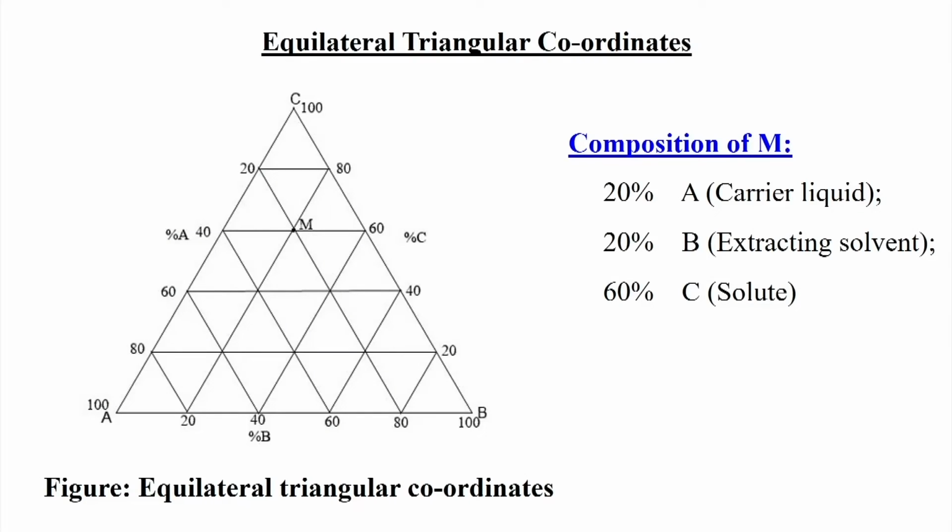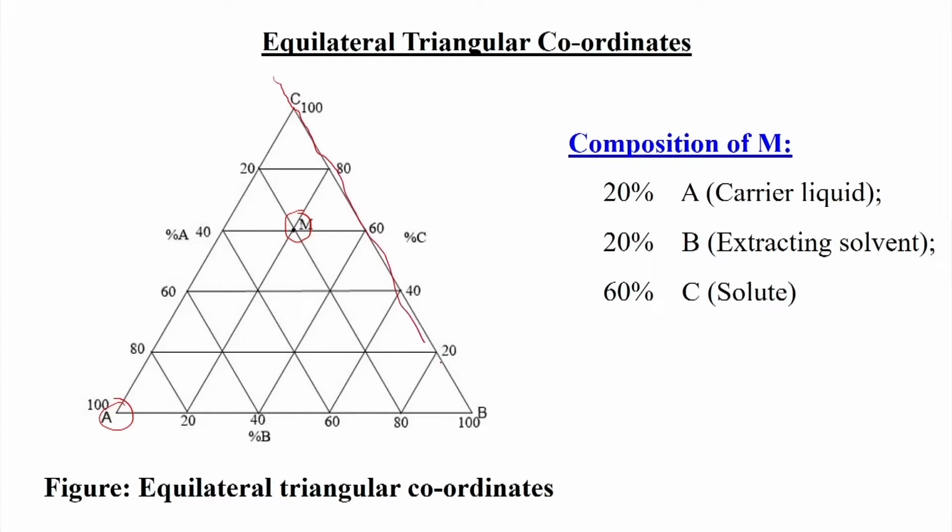Before that, we need to understand the equilateral triangular coordinates, and we need to understand this very precisely, otherwise we will not be able to solve any extraction problem. Let us take a mixture M here. Whenever we talk about 100% A at this tip, 0% A will be on this line.